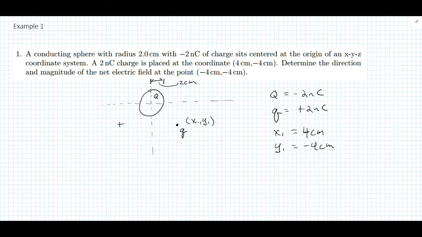And I'm going to do the same thing for the point that I'm looking at the electric field at, and I'm going to call that x2, y2. So x2 would be equal to negative 4 centimeters, and y2 would be equal to negative 4 centimeters. And I'm just going to do this so that I don't have to keep these numbers. If I'm plugging in numbers immediately, then I have to keep track of all of these units, and doing the algebra with a bunch of units in place can be a pain. So I'm just going to write down x1, y1, x2, y2 for now.